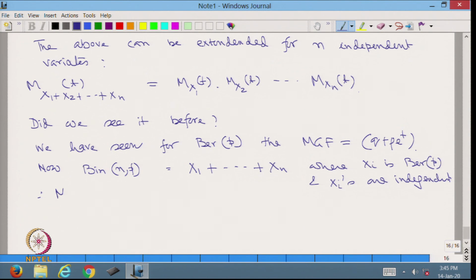Therefore, MGF of binomial(n, p) is equal to (q plus p e to the power t) into (q plus p e to the power t), n times.